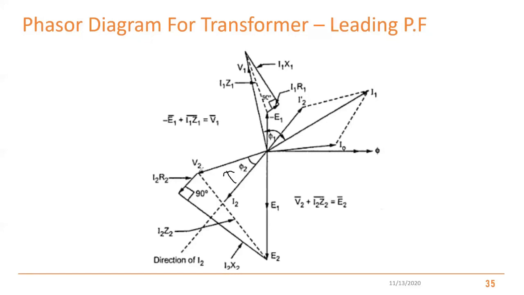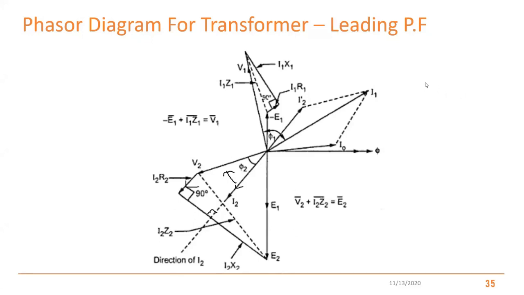So again the I2 R2 should be in parallel with the I2 phasor, and the I2 X2 phasor should be 90 degrees, perpendicular to the I2. Okay, so this one should be 90 degrees. So the addition of V2, I2 R2 plus I2 X2 gives the E2 phasor. The same as earlier, you can obtain the phasor diagram like this.